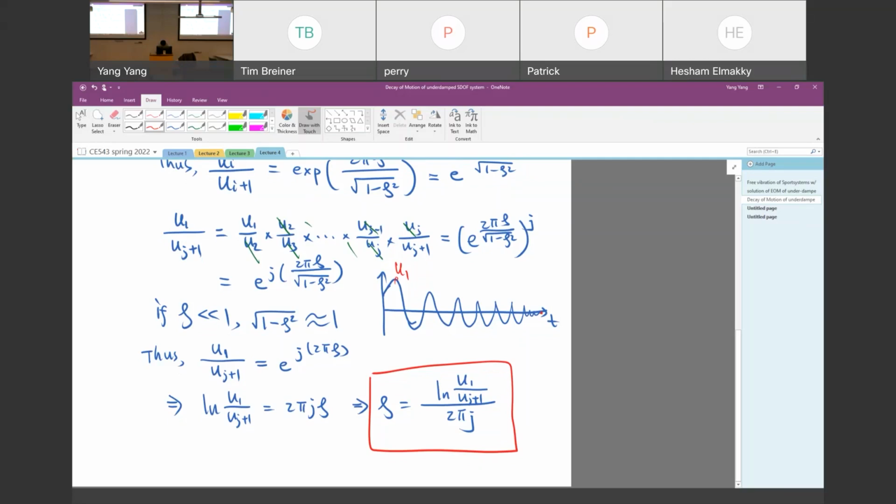This is U. One thousand here, 1,000 here. So between the first and the 1,000 displacement, J is equal to 999, and U1 and this number should be known to you because that's your testing data.